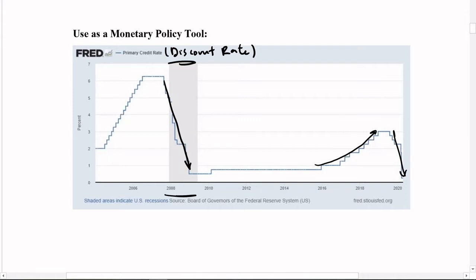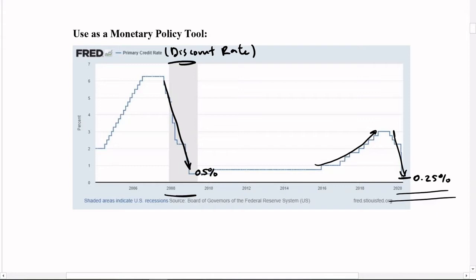It's been used. It's now down to 0.25%, which is as low as it's been. Here we have 0.5% at the trough of the recession. So in recent history, we're at the lowest discount rates we've ever had.